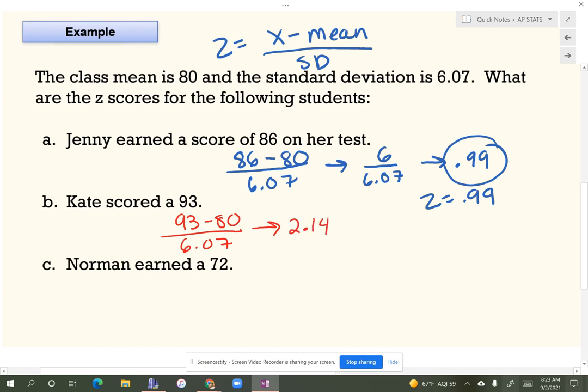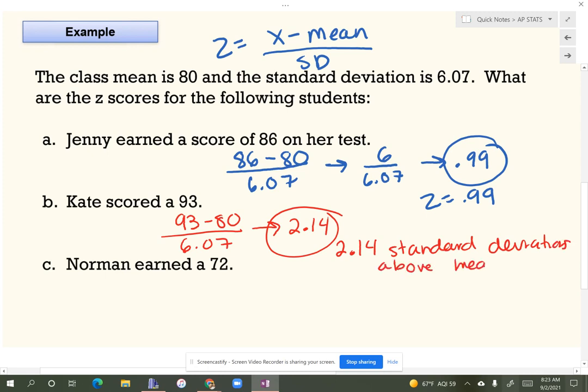Which means, in other words, Kate's result is 2.14 standard deviations above the mean score for the test scores.